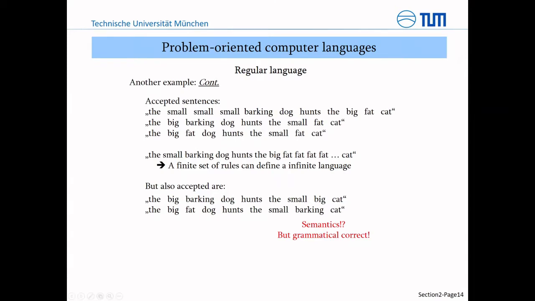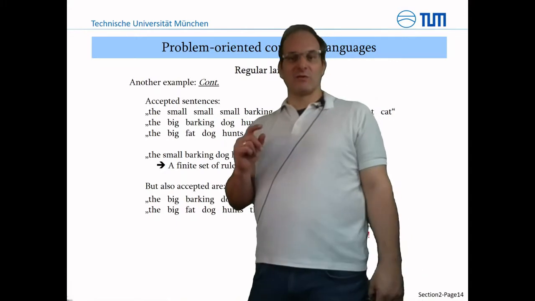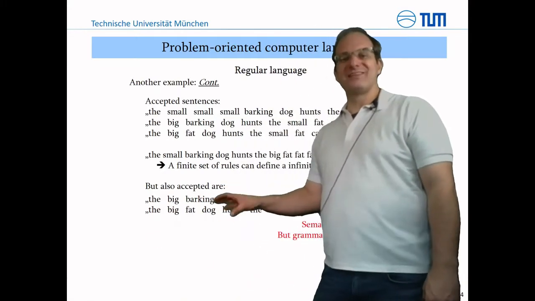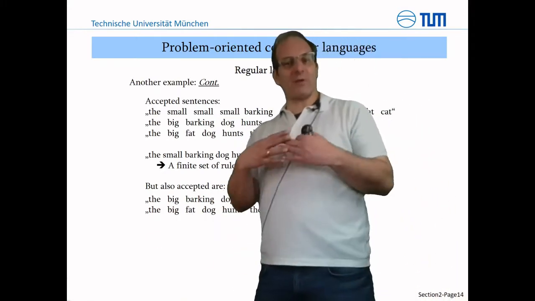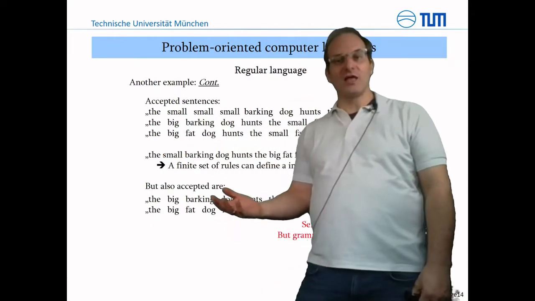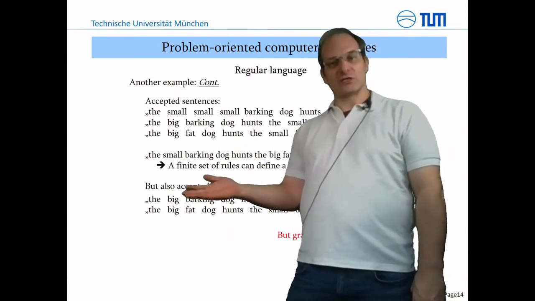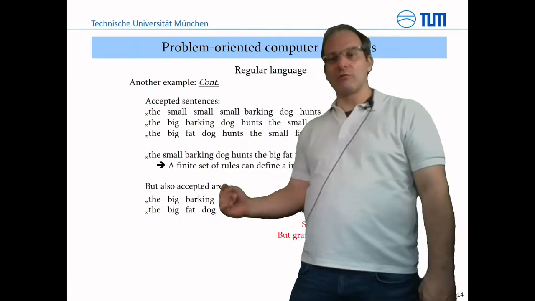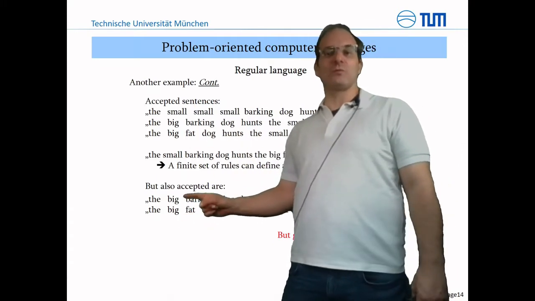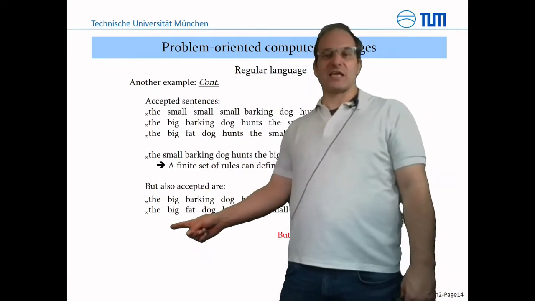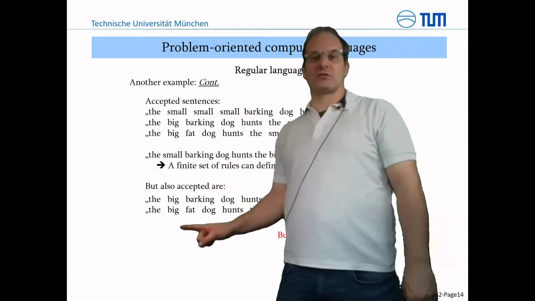And here you directly see the difference between syntax and semantics, because syntactically these 2 sentences are completely correct. They fulfill our state chart. So you can follow the state chart and you will see that you will reach the end state without any error situation.